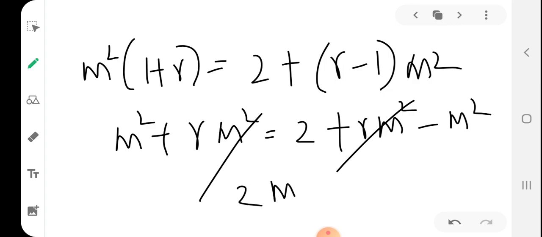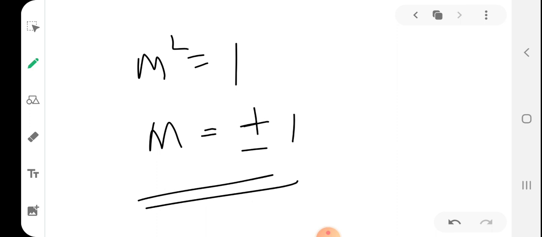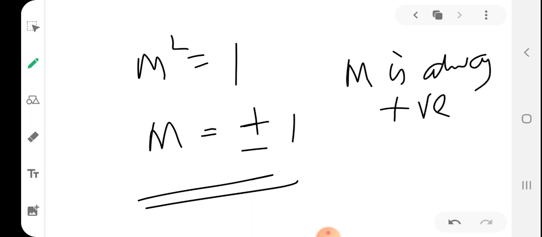So 2M square equal to 2 and M square equal to 1 you will get. So M means plus or minus 1. Since Mach number can only be positive, M is always positive. So therefore M equal to 1.